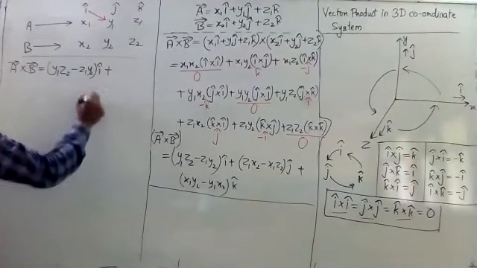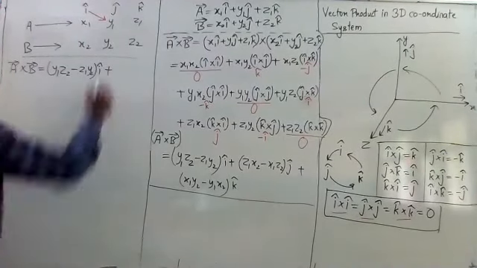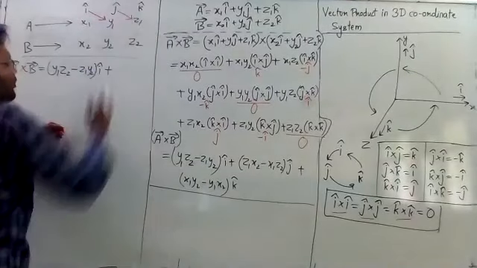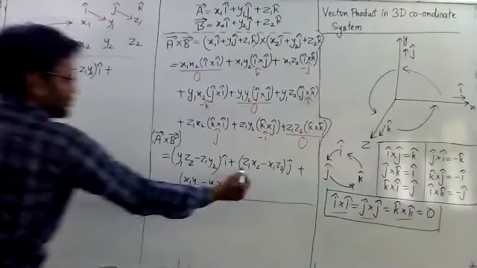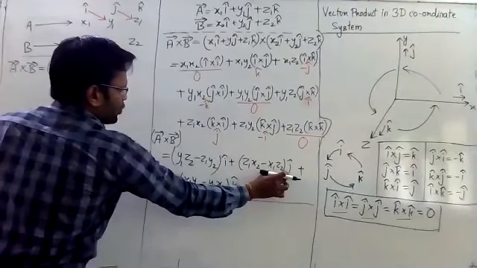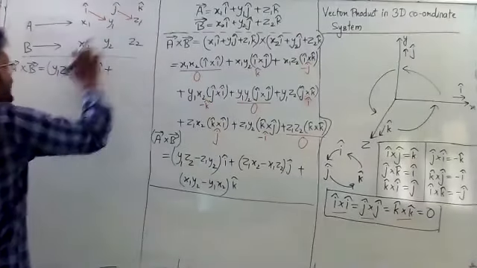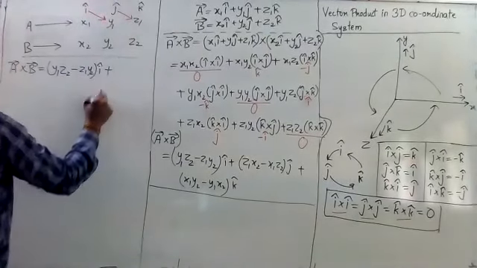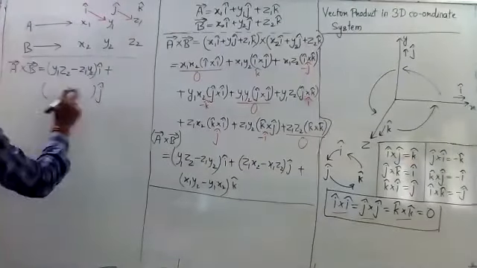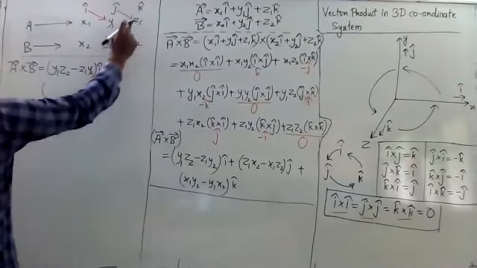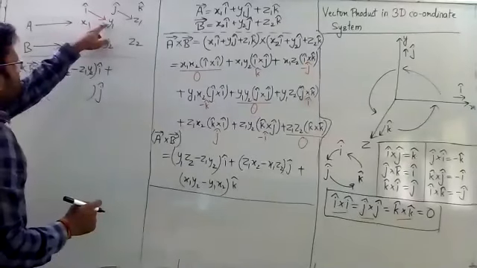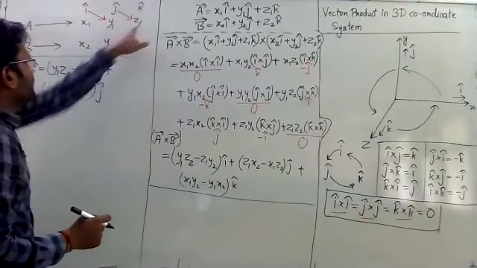Plus for the coefficient of J cap, I am again going to start from here. I am going to ignore the coefficients of J cap. From here I will start and again cross multiply: this into this minus this into this.